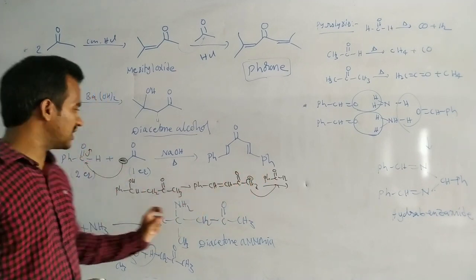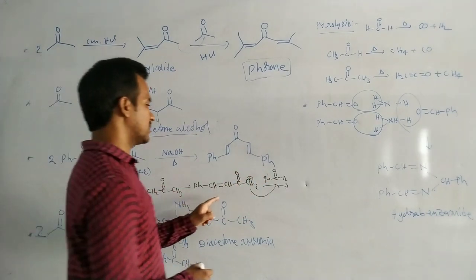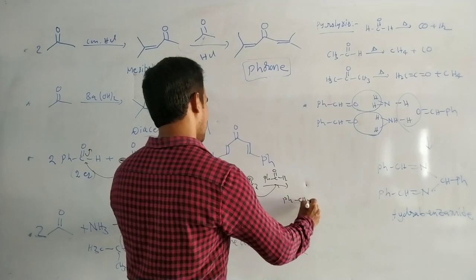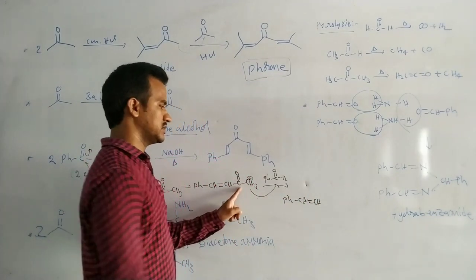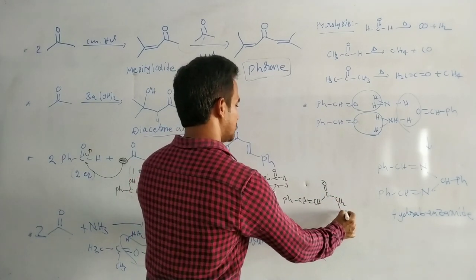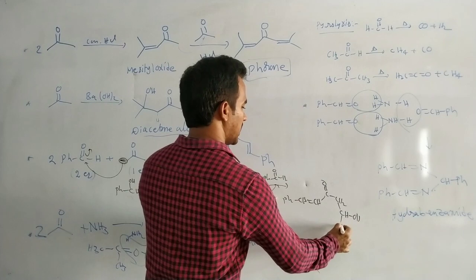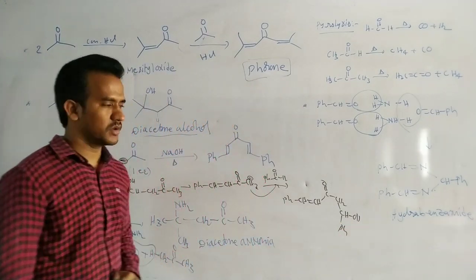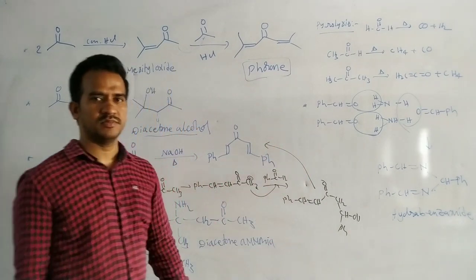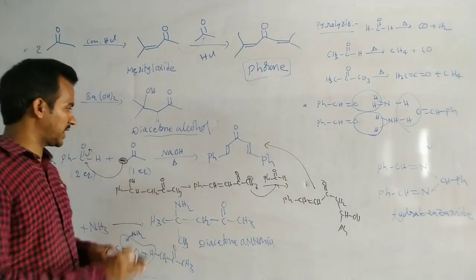The carbanion attacks the second equivalent of benzaldehyde, followed by dehydration. So Ph, CH double bond CH, C double bond O, then CH2, CHOH, Ph. Again loss of a water molecule, so we will get the product. Just two times aldol reaction on both sides.